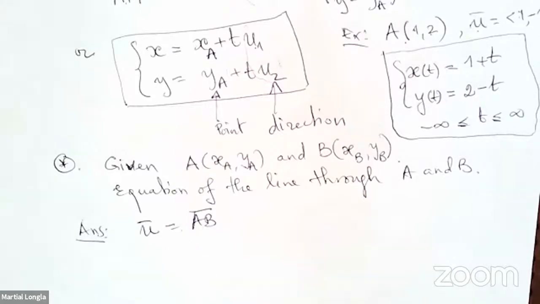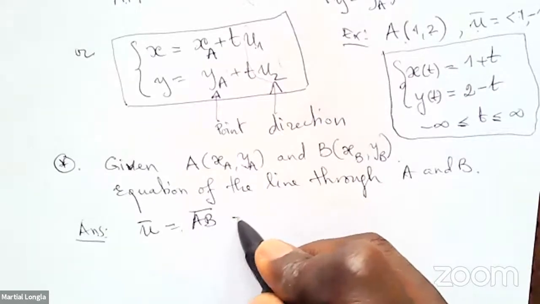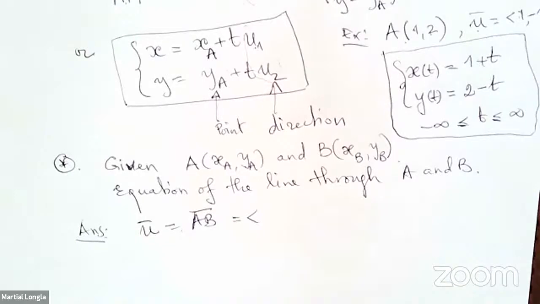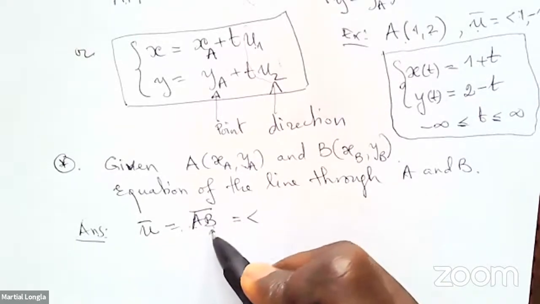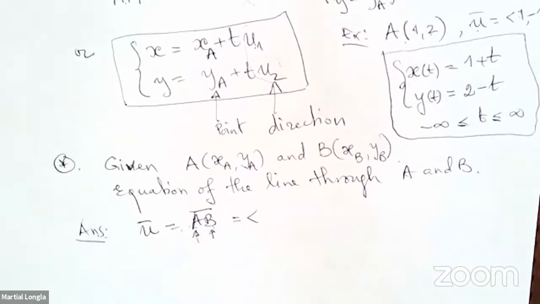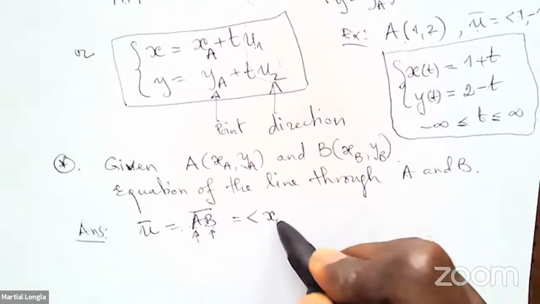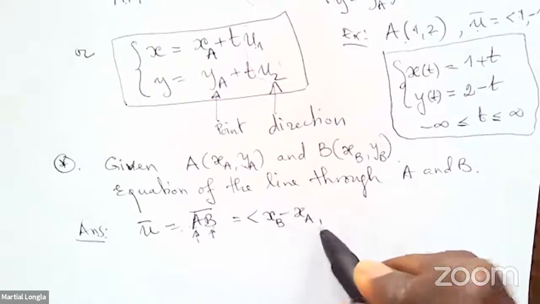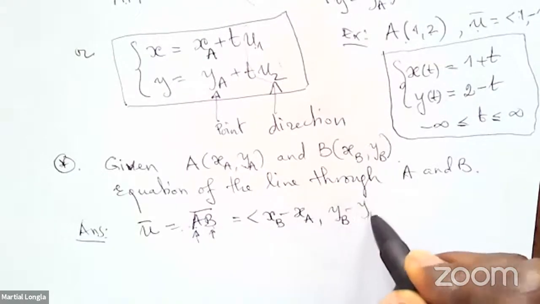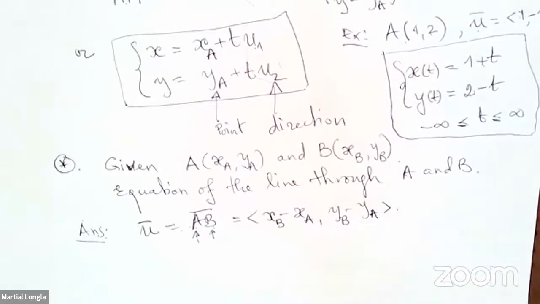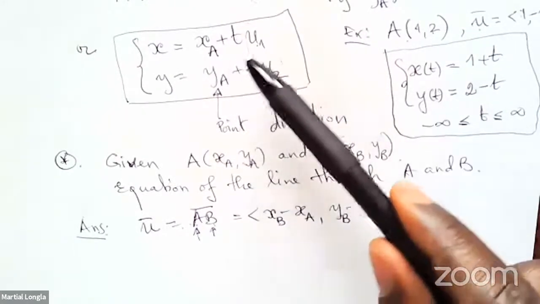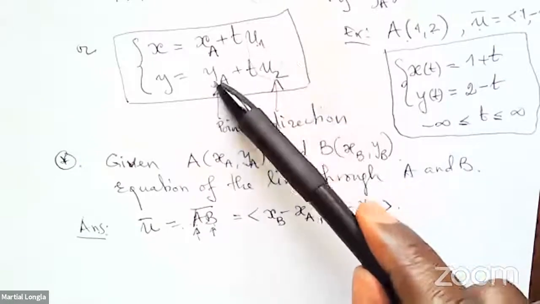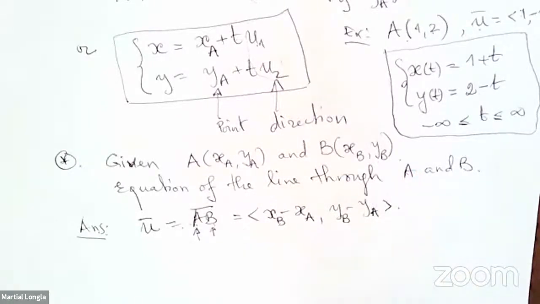That's what this says. So here, that AB, how do I find the components of a vector AB? I take the components of B and I subtract from them the components of A. So that's going to be xB minus xA, yB minus yA. And then I pick any of the 2 points and I write down the equation as up here using that point and the direction that I just found. Am I making sense here?